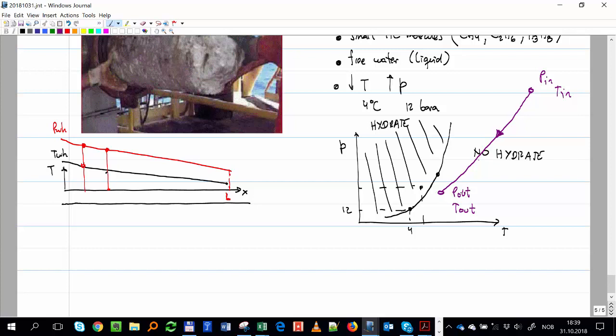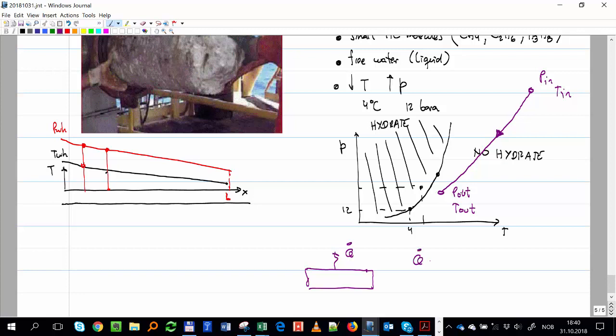So how does the temperature drop, if you remember from your course in heat transfer maybe a long time ago? What affects the drop in temperature in the pipe? If I look at a section of pipe, I have something that is called this Q, this heat that is leaving the pipe.